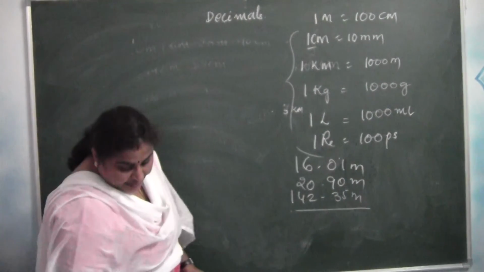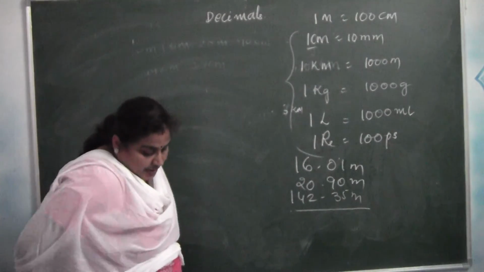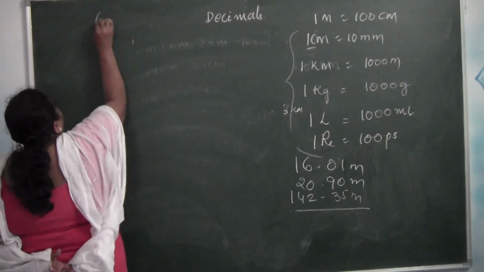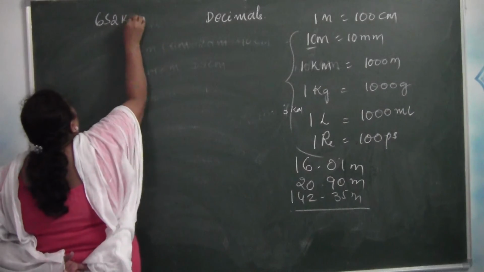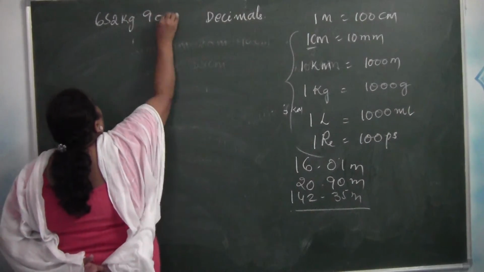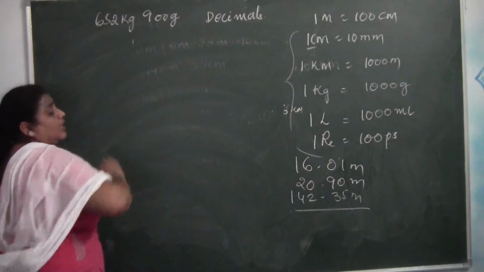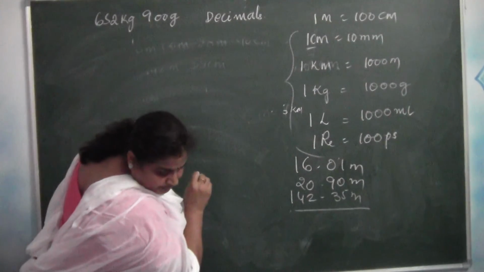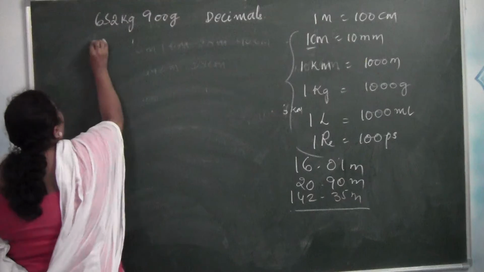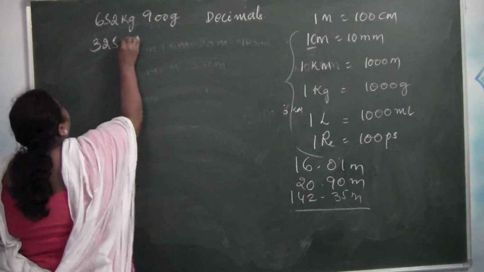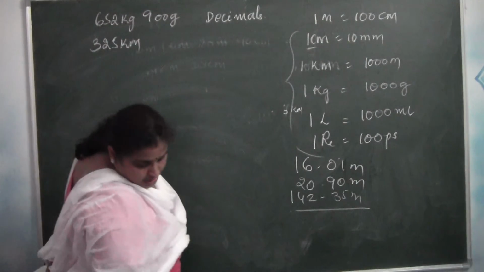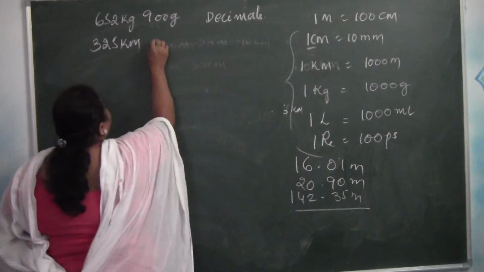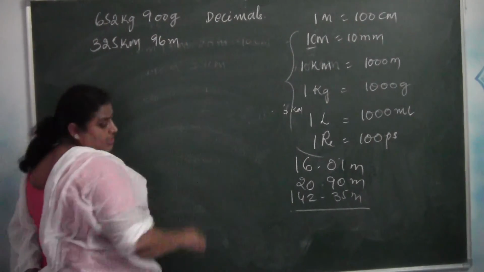Let us take another example. You have 652 kilometers and 900 meters, 325 kilometers, 96 meters.